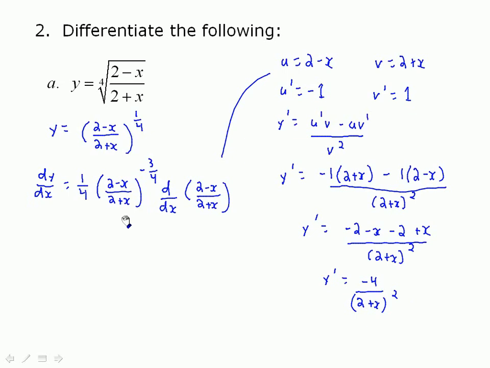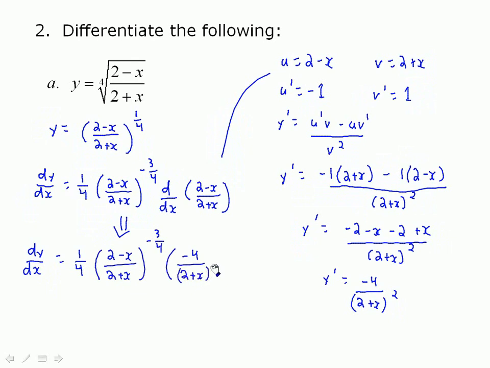Now the issue is going to be, as I see it, making this into its simplest form, because currently we'll get dy dx is 1/4 multiplied by 2 minus x over 2 plus x to the negative 3/4 multiplied by negative 4 over 2 plus x to the 2. And we do get a break on this one, or so it appears. The 4's should cancel out. Divide by 4, leaving you with negative 1.